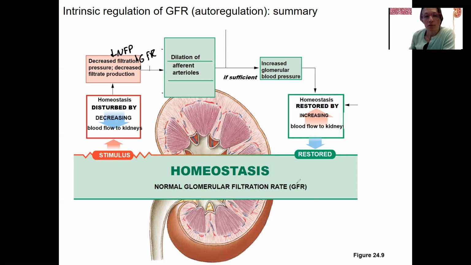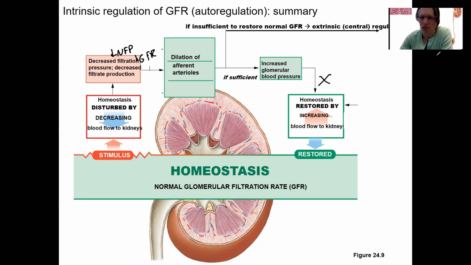However, if this is insufficient to restore GFR, the kidneys themselves can trigger a central response. So that's what is diagrammed here with this simple arrow. If this dilation doesn't restore GFR, which you can imagine cases where it might not, we can dilate the arterioles all we want if there's a lack of blood volume or other things going on in the body.